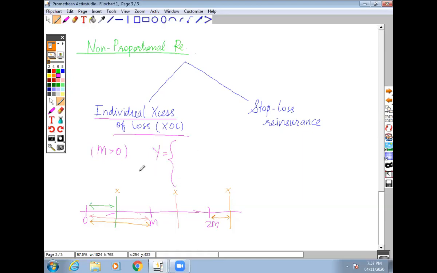I know there are two possible scenarios here: the actual claim amount is less than or equal to M, or it is greater than M. I'm ignoring the case where you have this 2M; basically, it's just infinity. For anything above and beyond M, the reinsurance company will chip in and pay the amount. So what do you guys think I should be writing here?